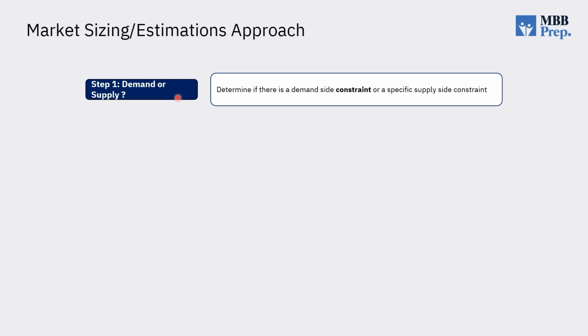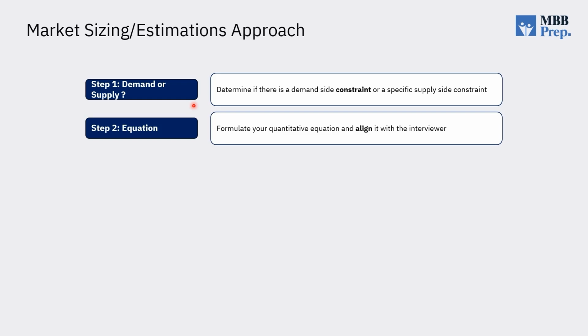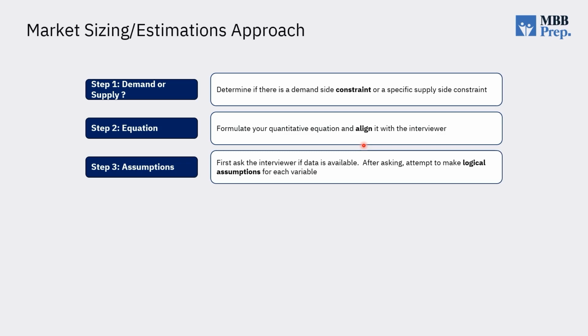After we have decided whether we will approach this question through a demand side or a supply side mechanism, we then move on to setting up the equation. After we have set up the equation, we should align it with the interviewer. After the alignment, I always recommend asking the interviewer if they have some information to share in terms of what value we should assume for each of the variables in the equation.